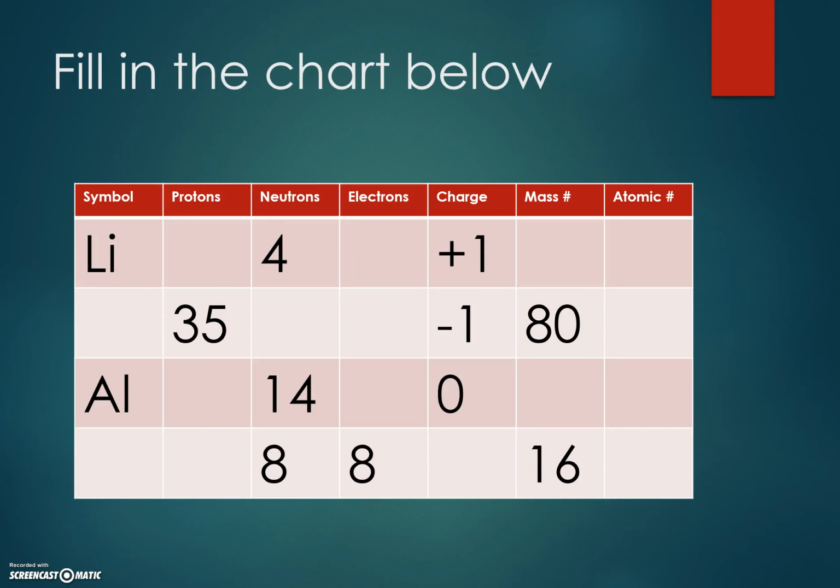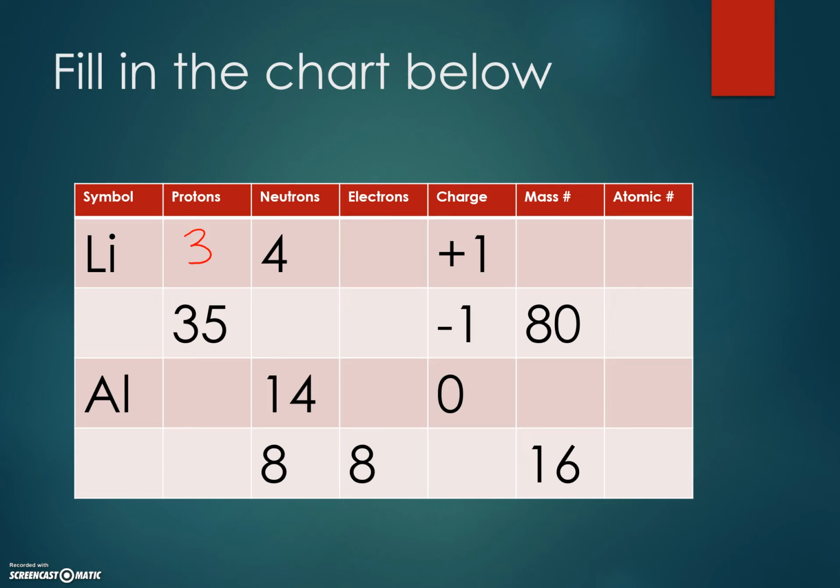So let's take a look at this chart to fill in, and we'll fill in a lot of these charts to make sure we understand all of these different things. The symbol of this element here is Li, so it's telling us that it's lithium. So you need to have your periodic table next to you, and you look at this and you see lithium, and you look at the periodic table, and the atomic number, the number on top, is 3. So that's my number of protons.